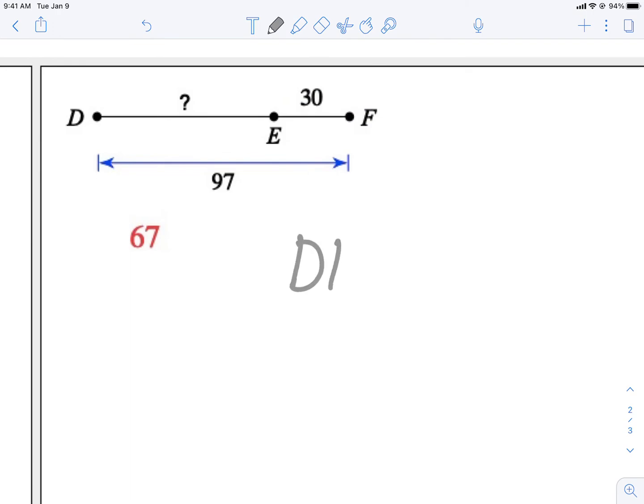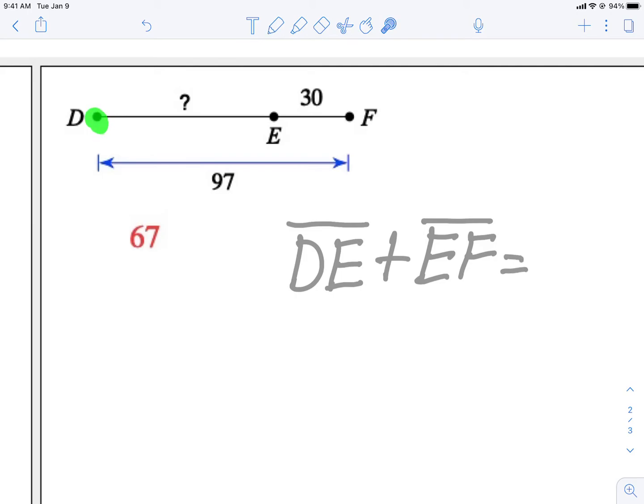So D to E is our first short segment, plus E to F is our second short segment, and our long segment is D all the way to F. So DF, segment DF, right?